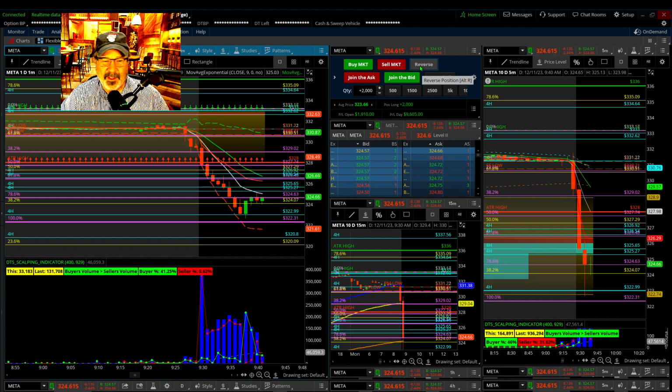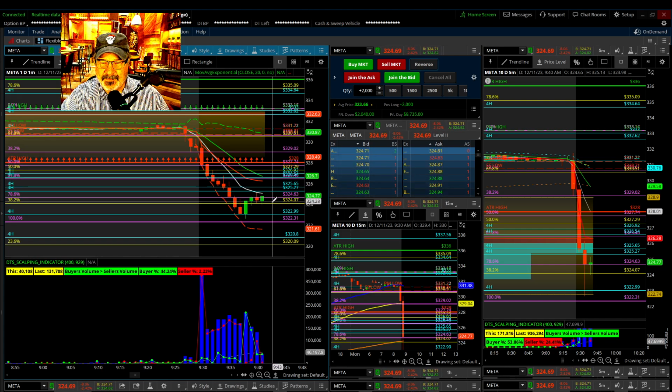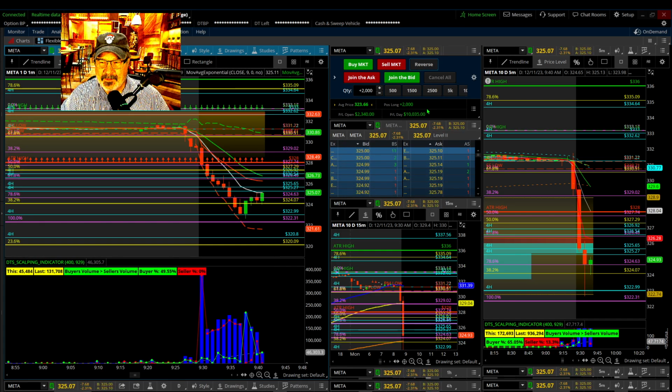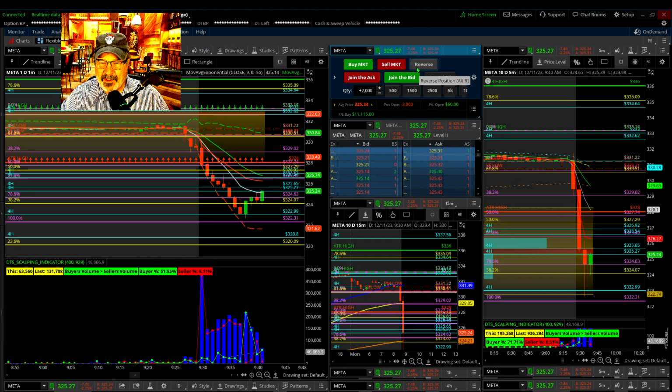Okay, so it's consolidating between the two fibs right here. There it goes. Wow. Going to break through that 4 hour. I'm actually going to take that 11 and not let that happen to me again.